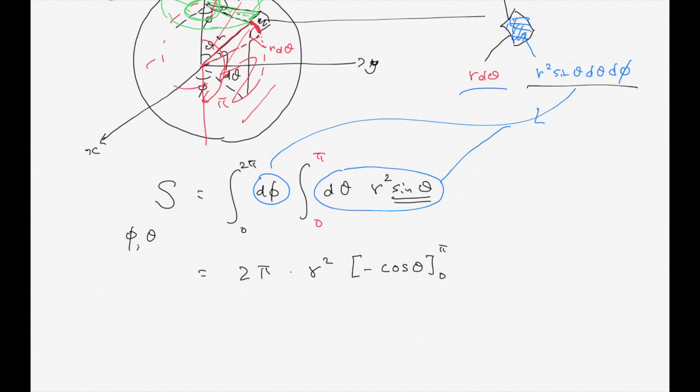If you substitute pi, this becomes minus 1, minus 0, so it becomes 2. If you substitute, it becomes 4 pi r squared. As we expected, surface area of a sphere becomes 4 pi r squared.